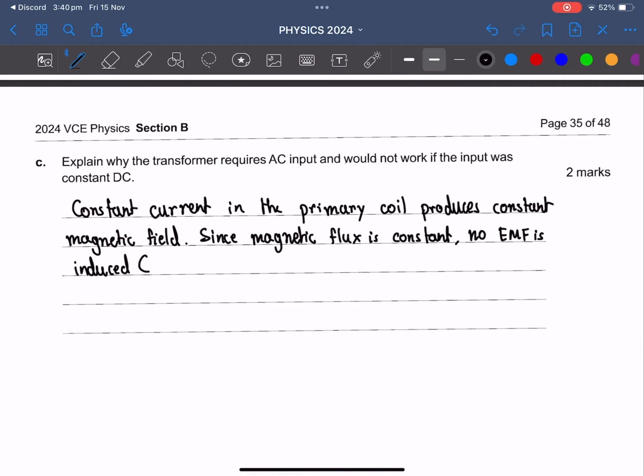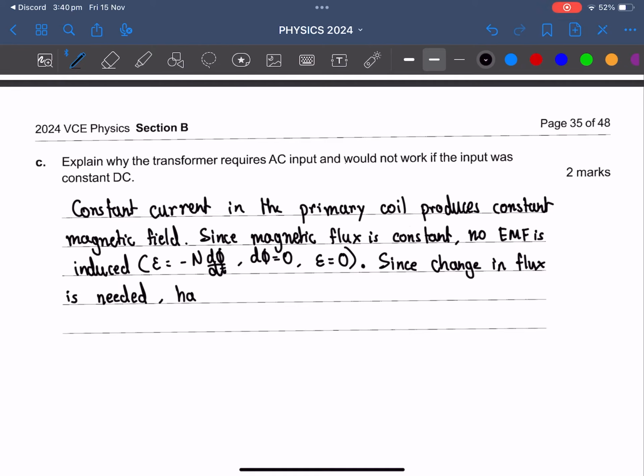And you can also write this as EMF equals n dΦ/dt, and since the change in flux is 0, the induced EMF is also 0. So yeah, since a change in flux is needed, having a constant DC input would not work. Hence, the transformer requires an AC input. Constant current in the primary coil produces a constant magnetic field. Since magnetic flux is constant, no EMF is generated or induced. Since change in flux is needed, having a constant DC input would not work.